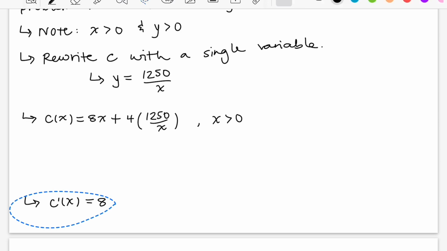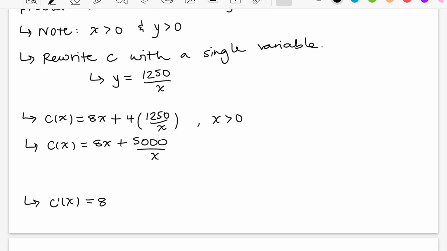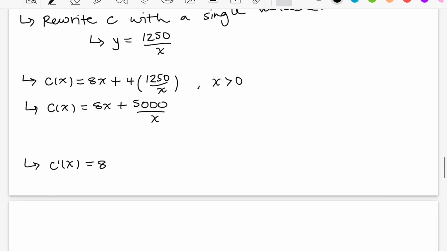First, let's simplify our function a little bit. This is going to be equal to 8x plus 5,000 over x. Okay. So then what we can do is rewrite this as 8x plus 5,000 times x to the minus 1, and so it'll be a little bit simpler to take the derivative.